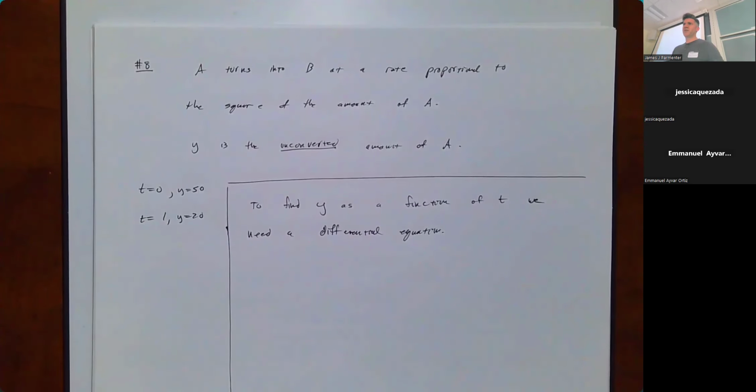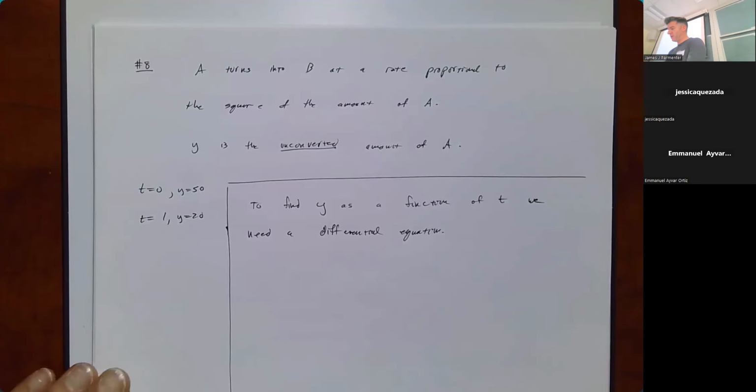All right, so what's y? Well, it's the amount of A that isn't converted, right? So how are we going to write that down? I'm really asking because I'm thinking about what we're really doing here.